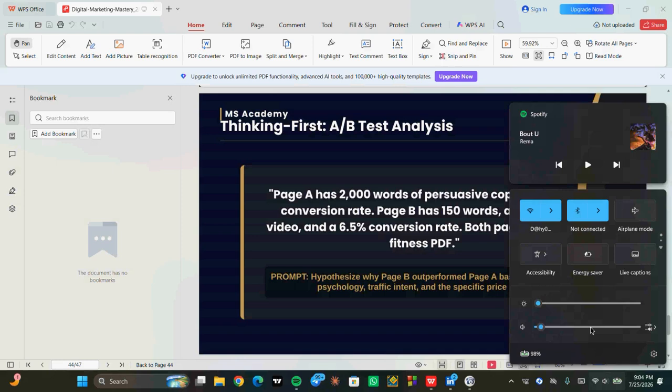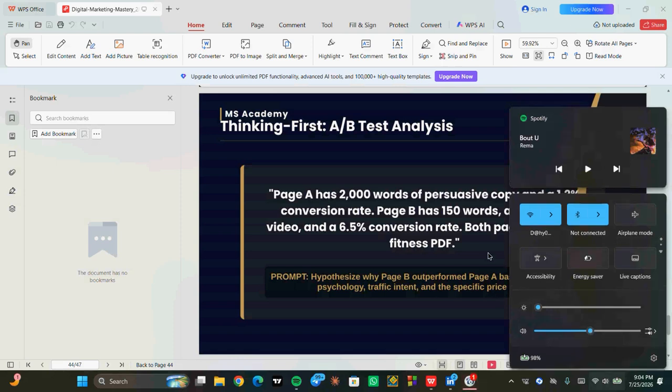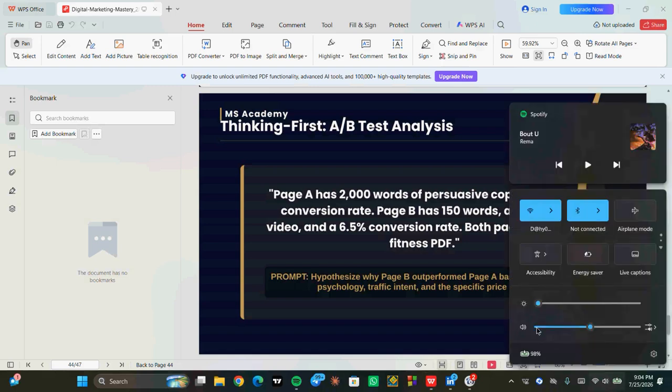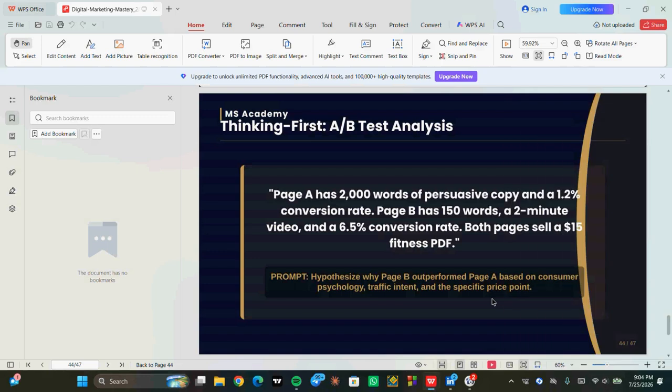Okay, so you can further explain the hypothesis that is on the screen. Okay, so since nobody wants to explain the A/B test analysis, I'll further explain that.